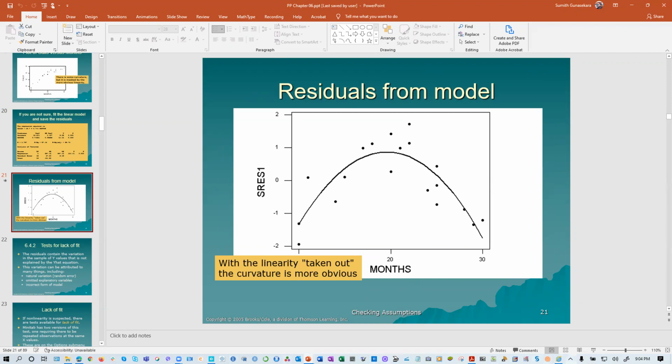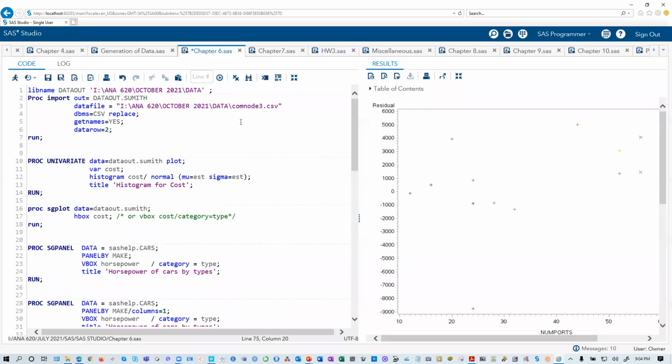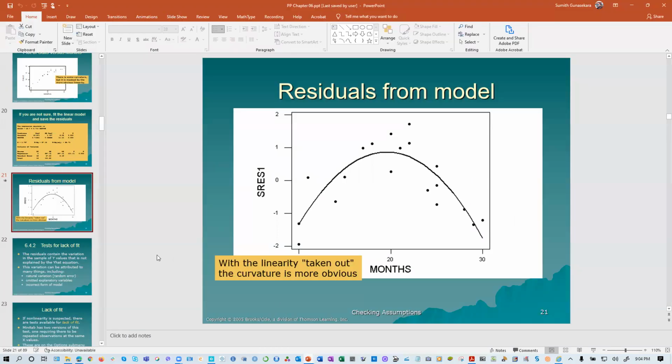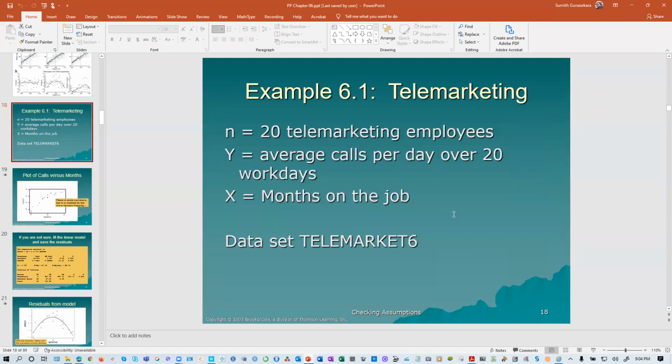Let me see whether we have this in chapter 6. We have the data here. I think this is the Telemarket 6 data.